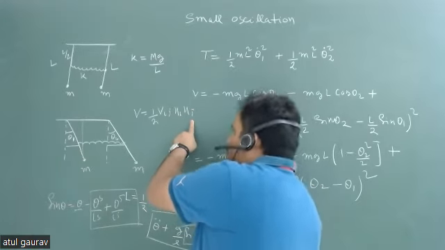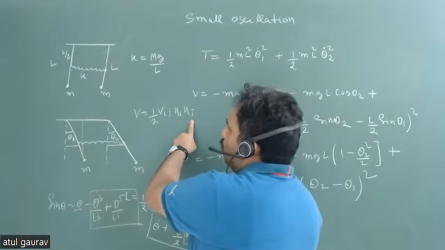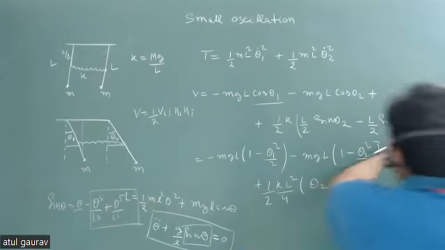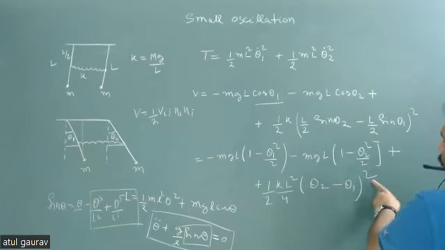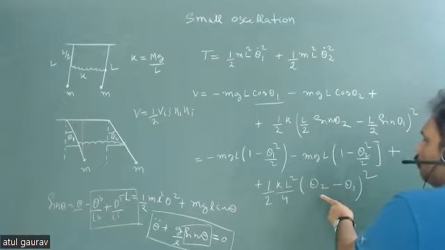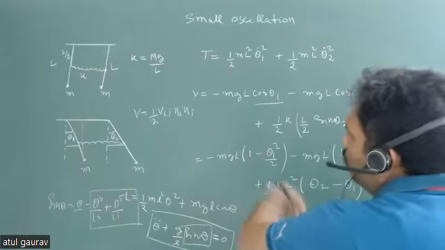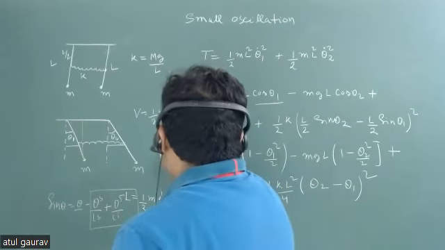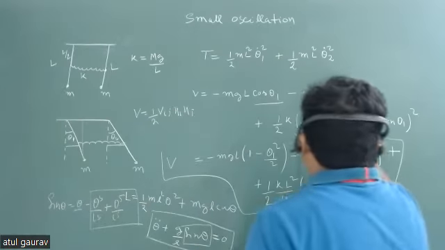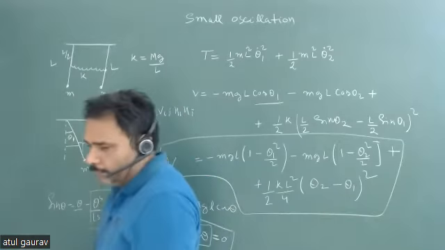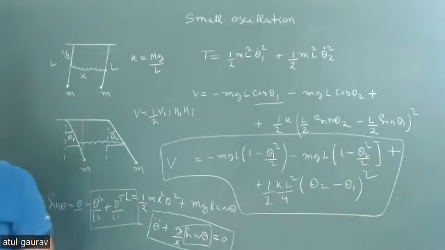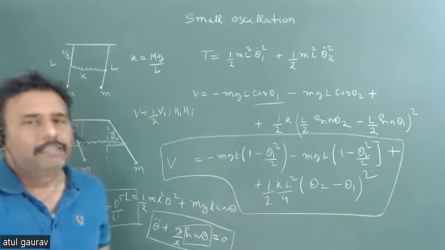Generalized coordinate into generalized coordinate. So when you will just go for this, due to this square part, here you will have generalized coordinate into generalized coordinate, generalized coordinate into generalized coordinate. So now your potential energy can be approximated like this.